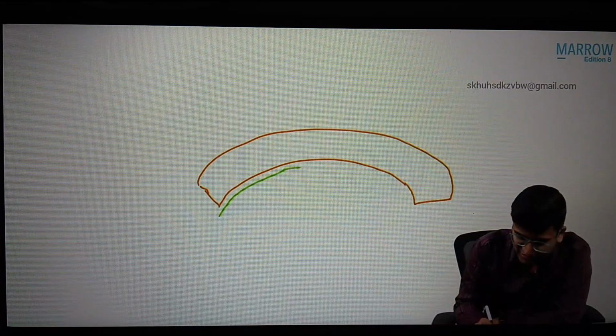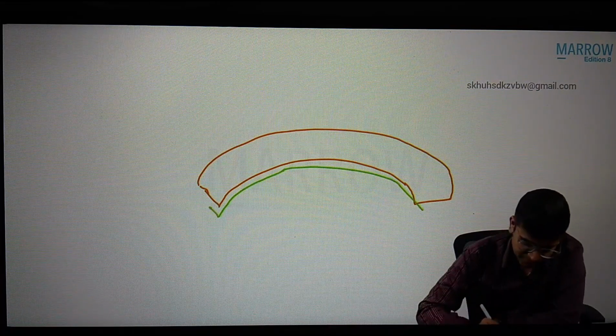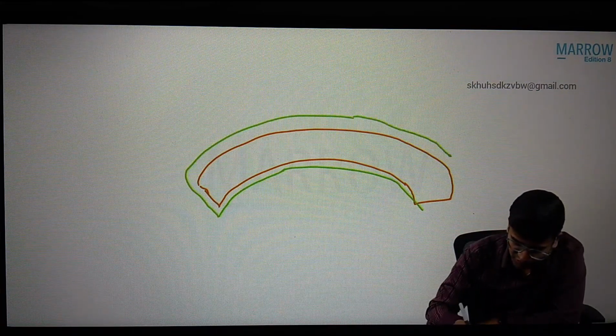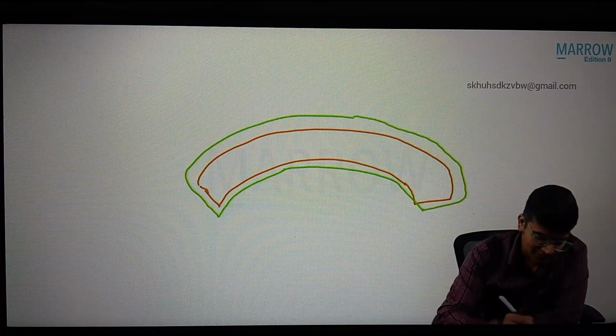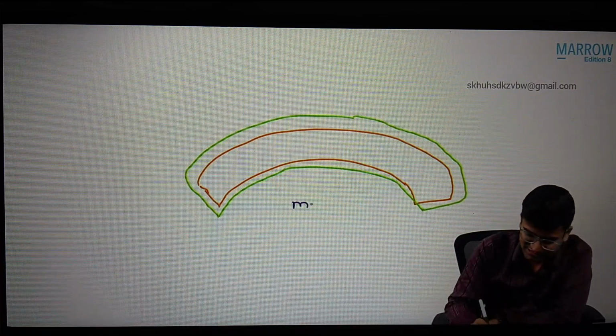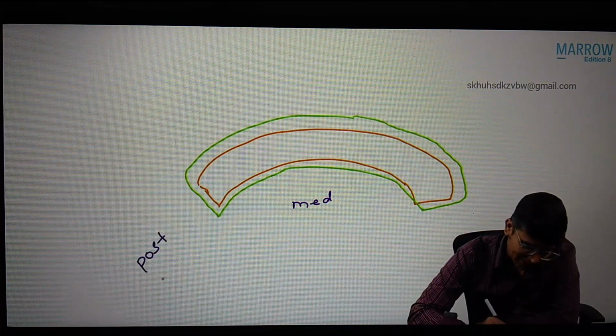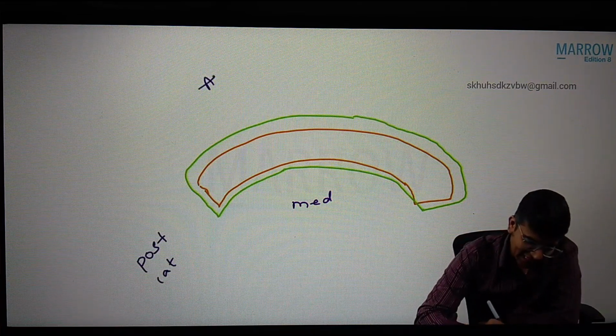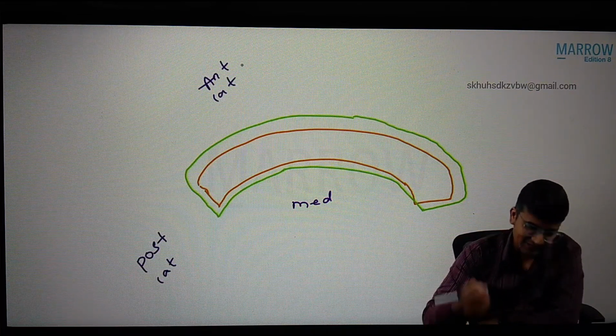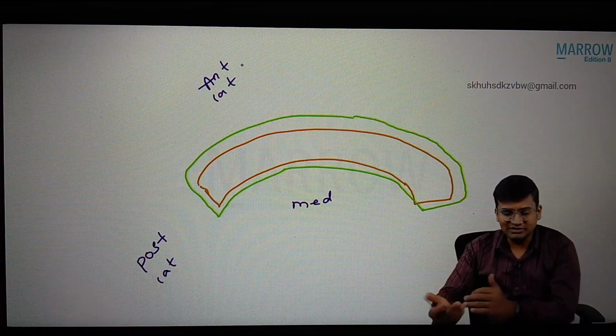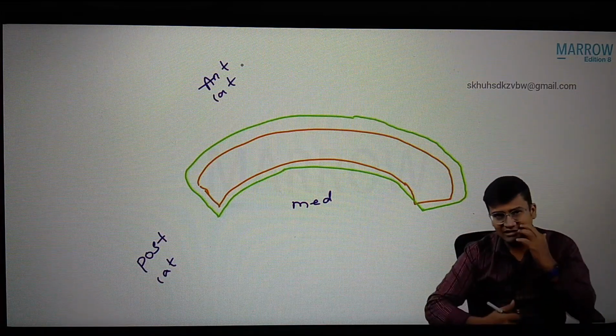Now this is the medial surface, this is the posterolateral surface, and this is the anterolateral surface. So we have three surfaces: medial, anterolateral, and posterolateral.